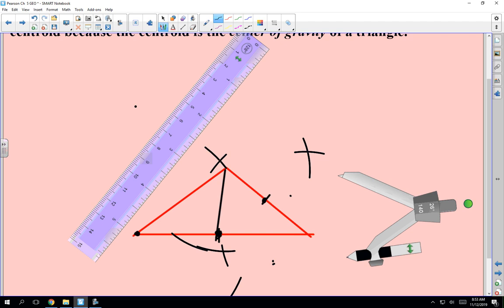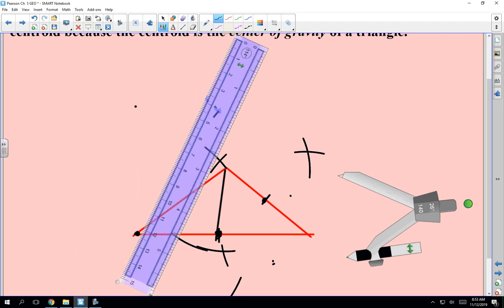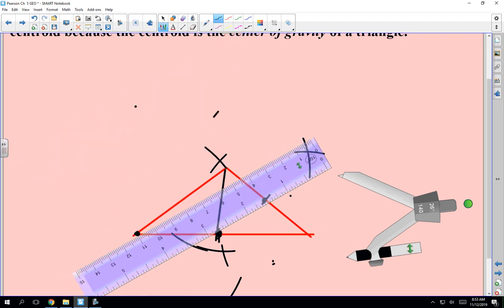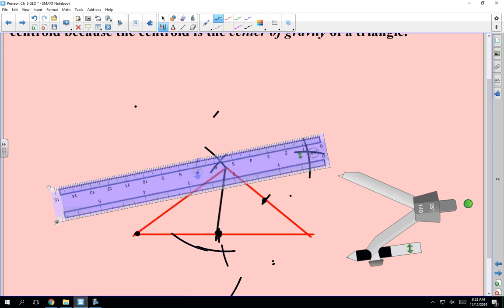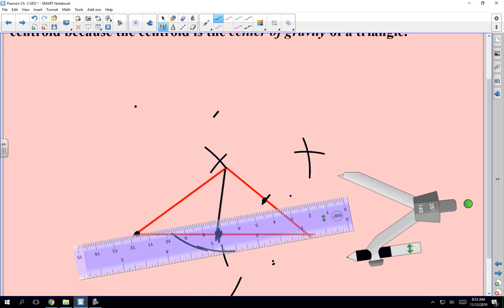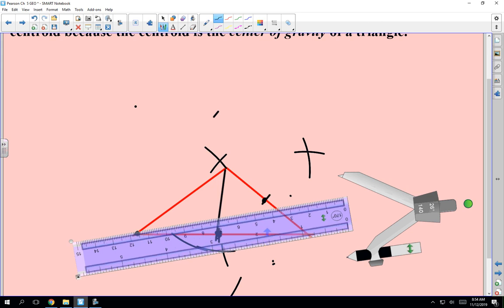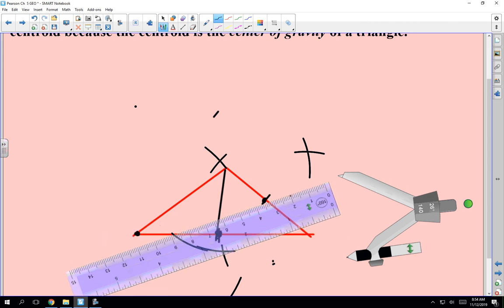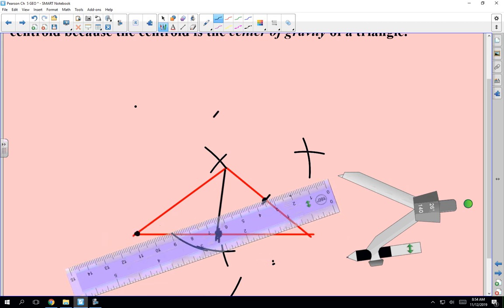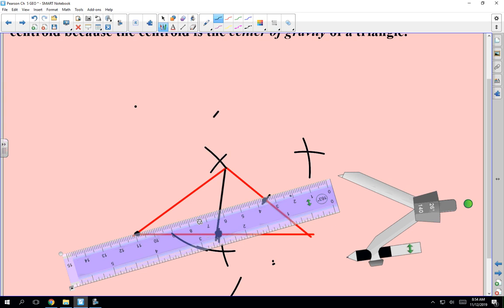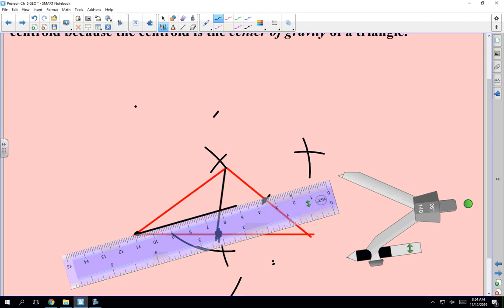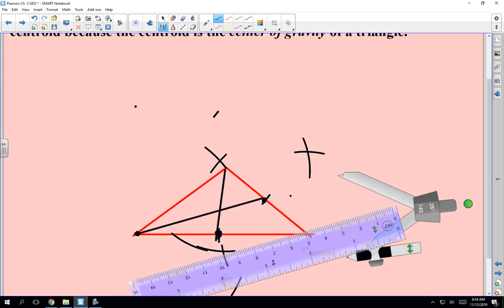I'm connecting my midpoint on the side to the vertex opposite of that midpoint. It's at this point that I wish I were doing this on paper like you guys. Okay, that's going to have to do. So there's my median. Just cannot get this ruler adjusted just right.